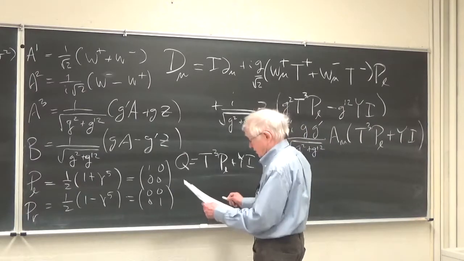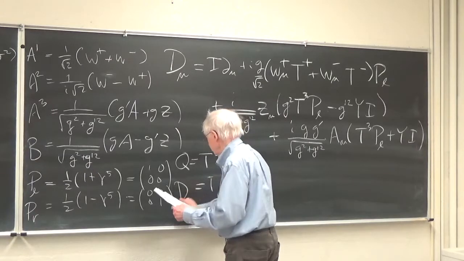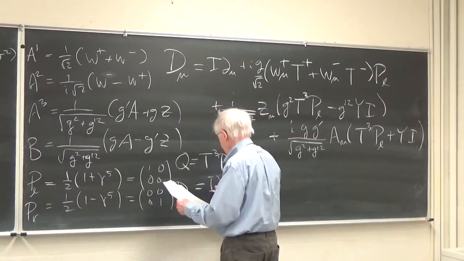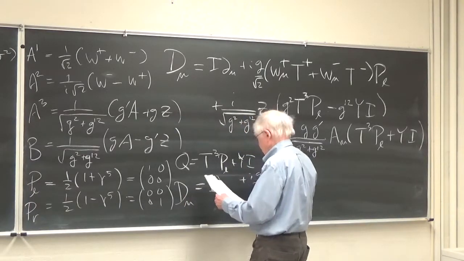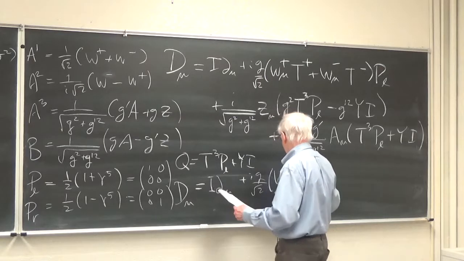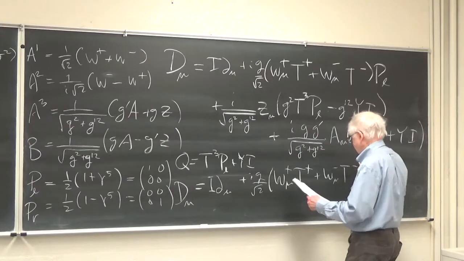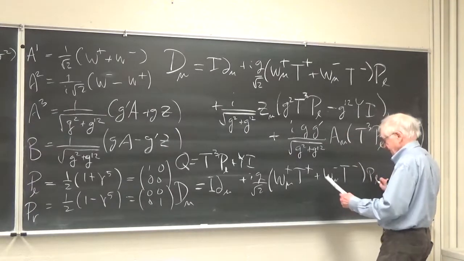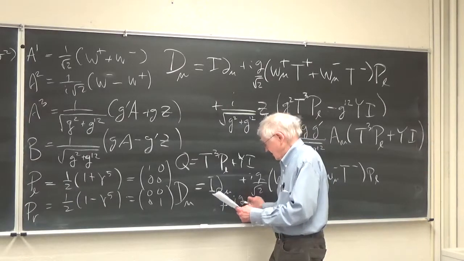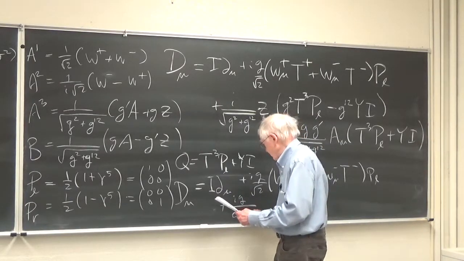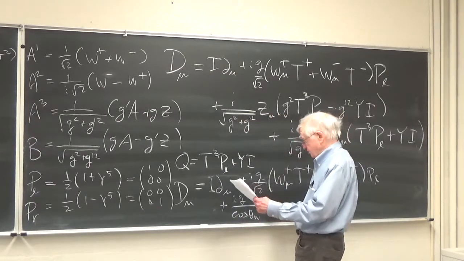And then this d mu can finally be written as, here, let me just write it, d mu is the ordinary derivative plus i g over root 2 times W plus T plus, plus W minus T minus, P left, plus i g over cosine of the weak mixing angle. That's a thing that involves these square roots.